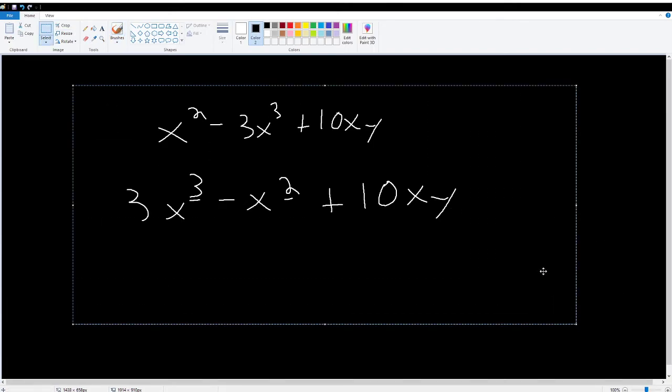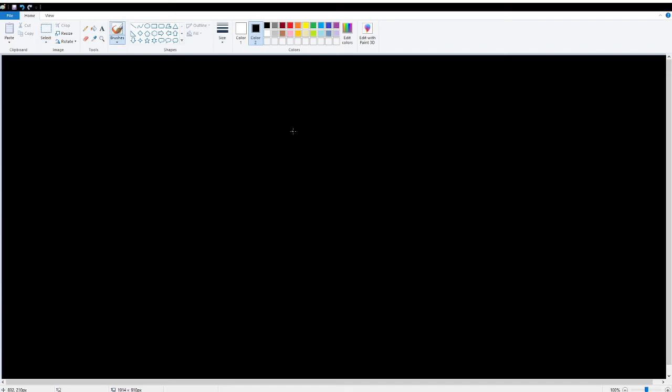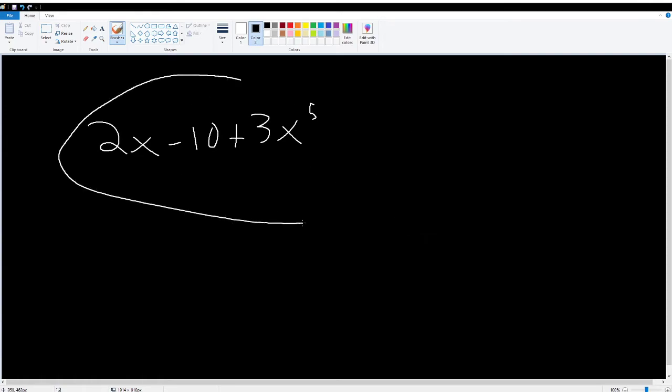One last thing is the degree of a polynomial. For a polynomial that only has one variable, its largest exponent is the degree of the polynomial. So for example, if I had 2x minus 10 plus 3x to the 5th, the degree of this polynomial is 5 because 5 is the highest exponent that we see.